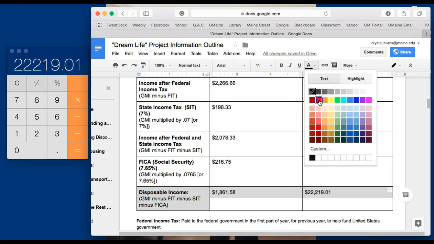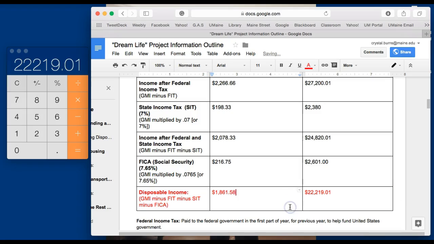Okay, so this amount here is my disposable income. So this is the amount that I actually get to take home and spend every month or in an entire year.